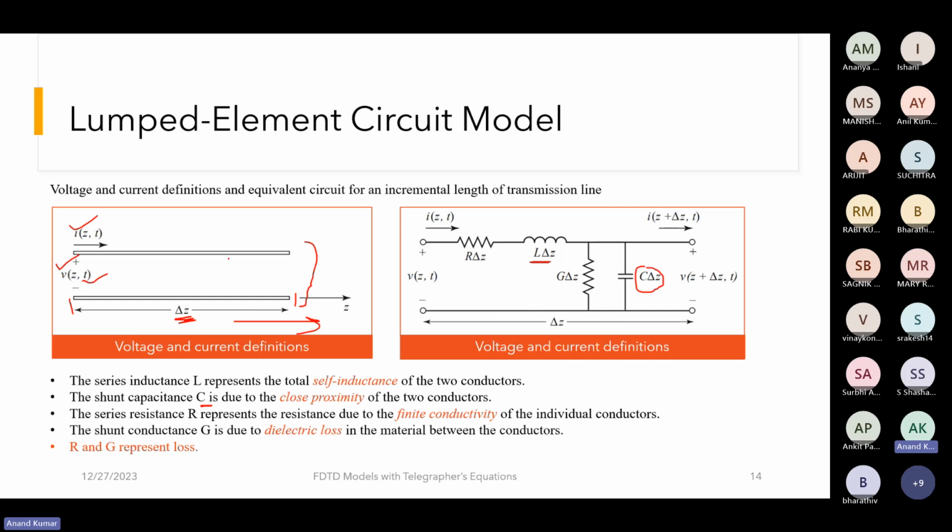And since these two lines might have finite conductivity, we have this resistance R over here, and these two lines might be lying in some dielectric which might have some loss. So we have G over here. So we have the RLGC components, and this is the equivalent circuit, and this will act as our bread and butter throughout the course.